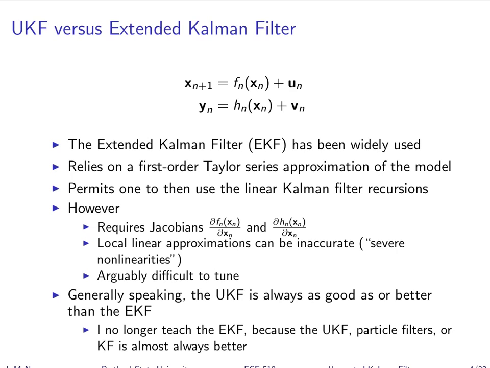Then these estimates can be really bad, and it can be really hard to tune, because how you tune it depends on how good your linear model is, which can change depending on where your state happens to be. And so there's a lot of problems associated with it.